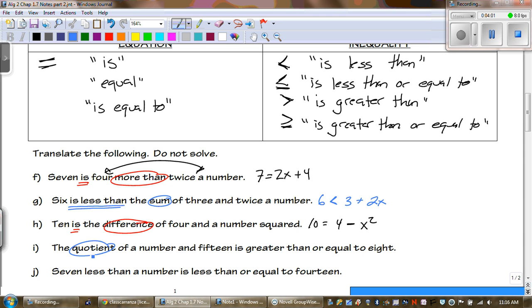Okay, the quotient tells us that we're going to divide a number and 15 is greater than or equal to 8. So with the quotient, the number comes first, and it's being divided by 15 is greater than or equal to 8. And then for J, why don't you guys pause the video and try that one yourself.